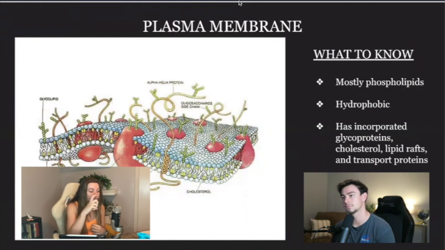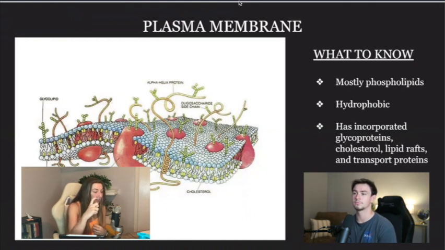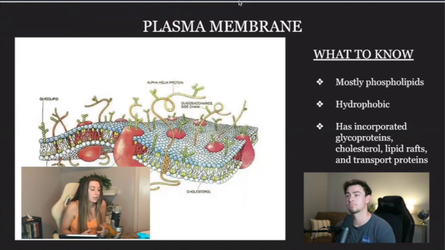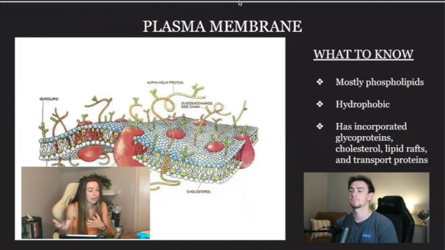That's because the majority of the plasma membrane, the inside, like the peanut butter of the sandwich, is those lipid tails. So always think of the plasma membrane as being hydrophobic. When you have something hydrophilic come through, you've got to have a transport protein or something like that.